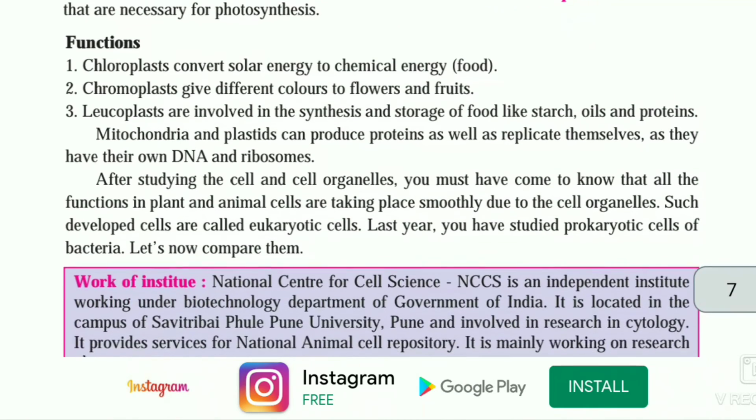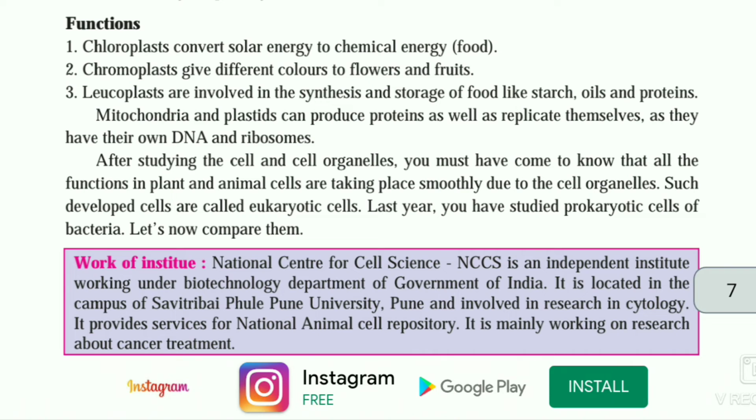Functions of chloroplast. 1 number, chloroplast converts solar energy into chemical energy as food. 2 number, chromoplasts give different colours to flowers and fruits. 3 number, leucoplasts are involved in the synthesis and storage of food such as starch, oil and proteins.